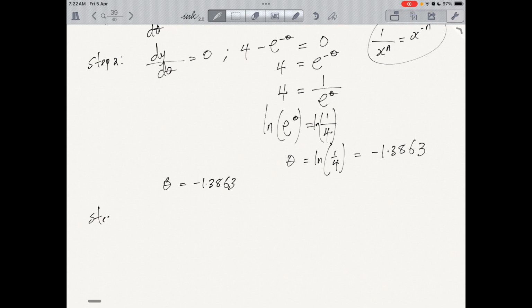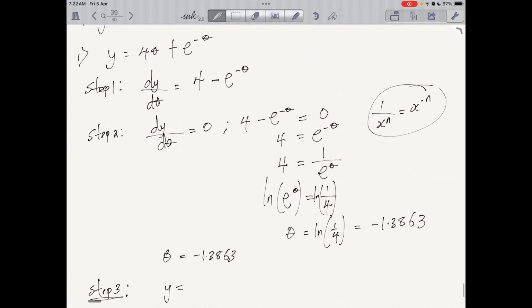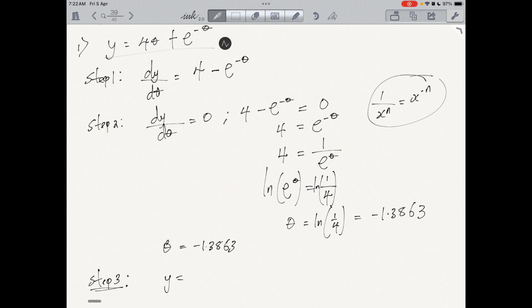Let's move to step 3. In step 3, we are asked to evaluate the coordinate value of y. Recall that y from the question is 4 theta plus exponential minus theta.